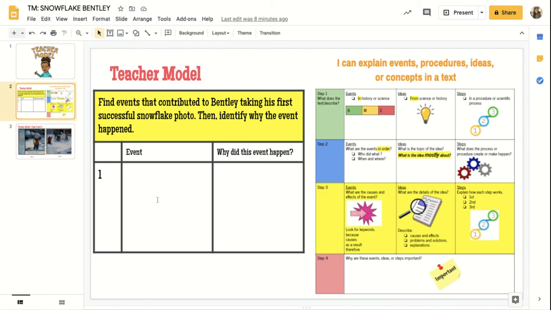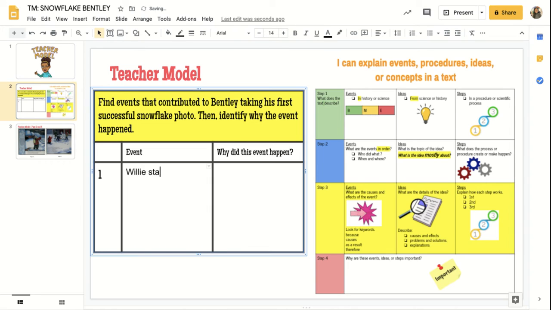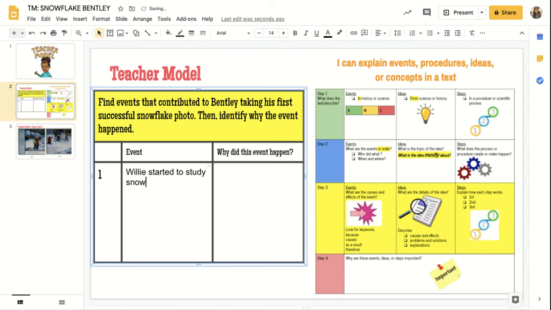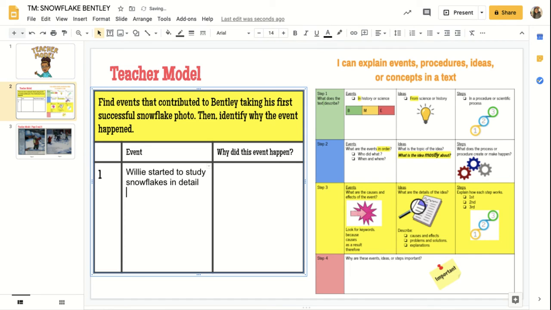Now let's look at my handout so I can type in this information. What is the event? Willie started to study snowflakes in detail. I know this from page 6. Why did this event happen?